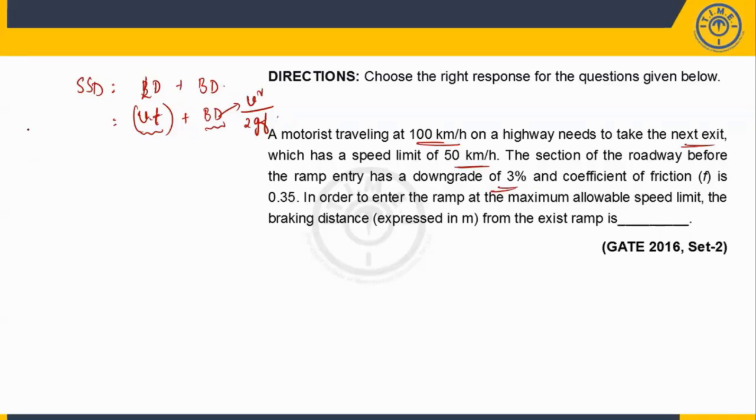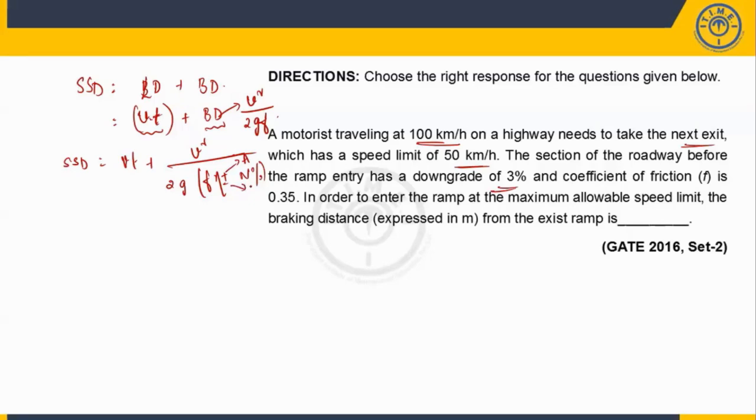But whenever we have gradient changes, the formula becomes Vt plus V square upon 2g into (F eta plus or minus n percentage). For an ascending gradient, use plus.